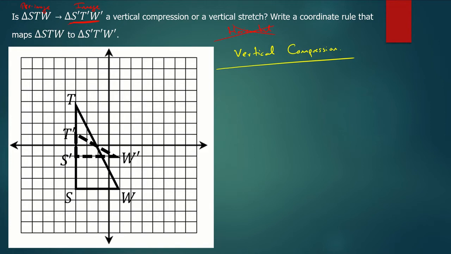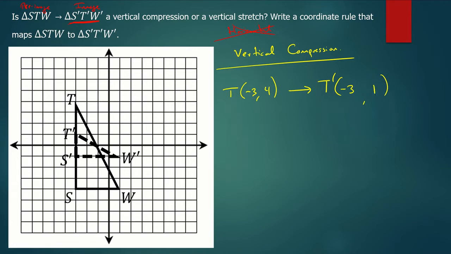And so now to write the rule, we find the coordinates, right? So we're going to find the coordinate T. Coordinate T is at negative 3, comma 4, and we're trying to see, how did I get T to T prime? So the coordinate for T prime is still at negative 3, but this time it went to, looks like positive 1.